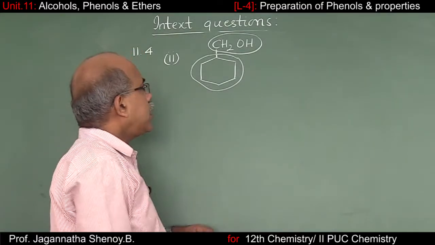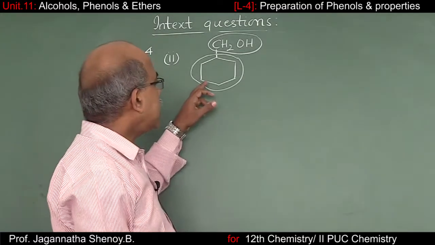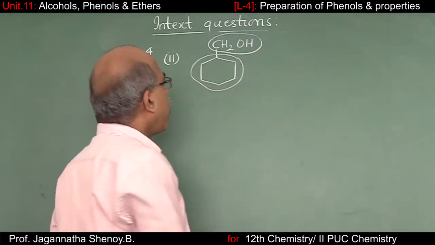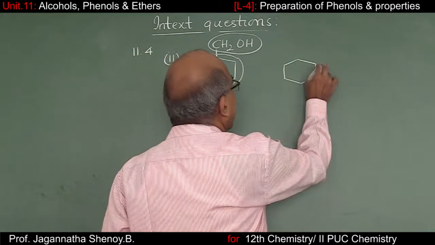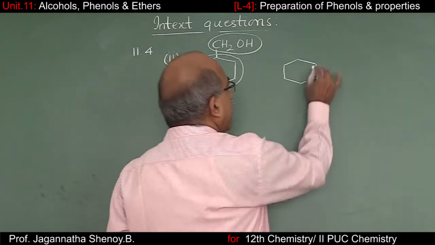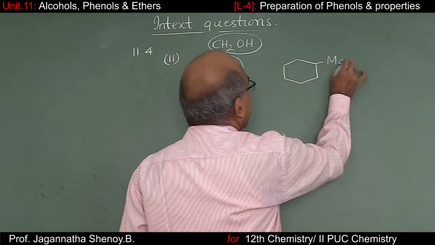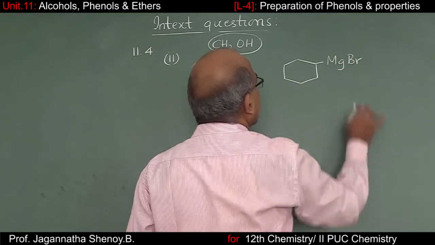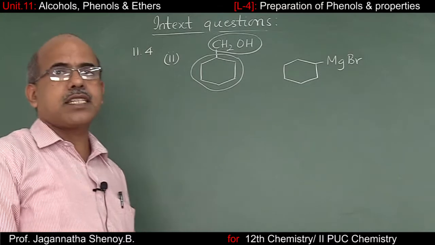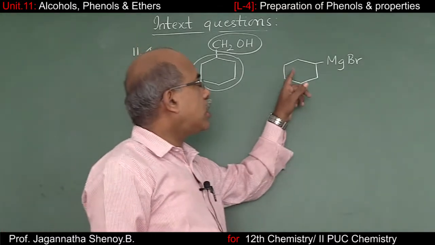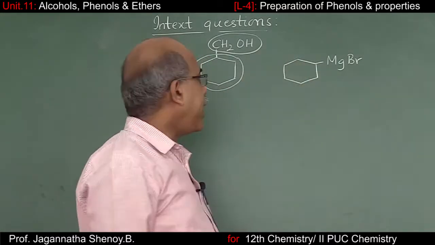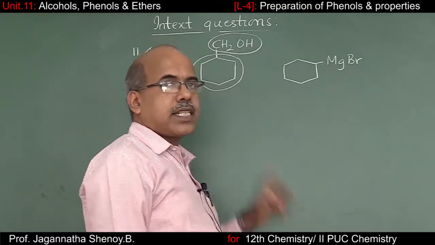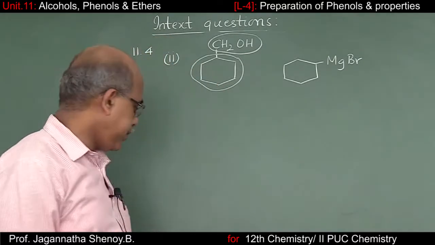Or in other words, in the Grignard reagent, this R group should be a cyclohexyl group. So what should be the starting Grignard reagent? It should be cyclohexyl magnesium halide. In specific, I have considered bromide. So start with this Grignard reagent, treat it with formaldehyde. You are going to get this target molecule.